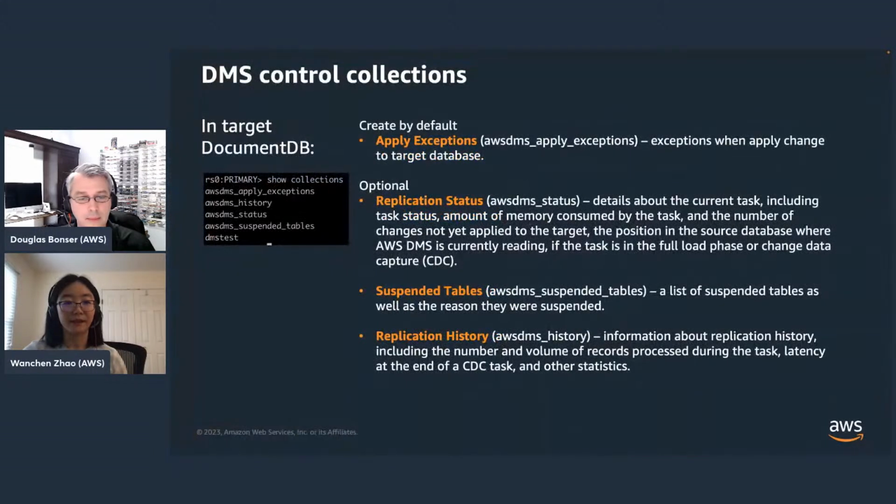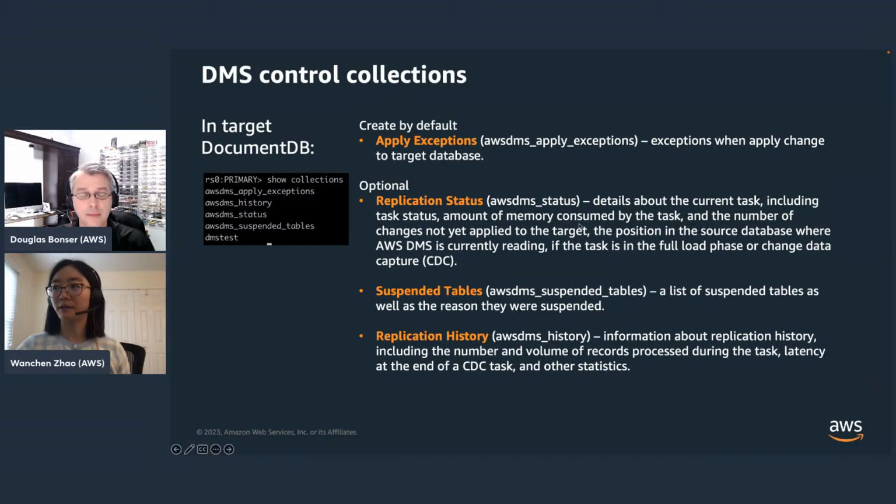So what exactly is the info? In the status collection, basically it is just recording the status, especially CDC. Full load, yes, but CDC status is more interesting. Why I'm saying interesting? Because you have more data points on what's going on in terms of the replication, including the timestamp where DMS is replicating at, and also the timestamp where DMS replication acknowledged back.